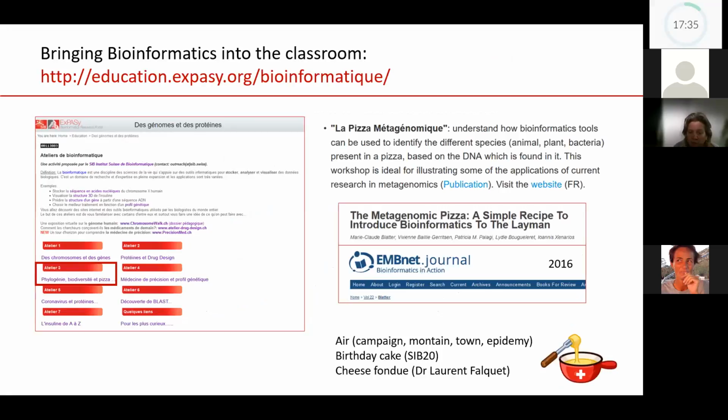As an example, the first activity we did was published in an EMBnet journal. It was about metagenomics and how you can identify species in a mixture, such as a pizza.